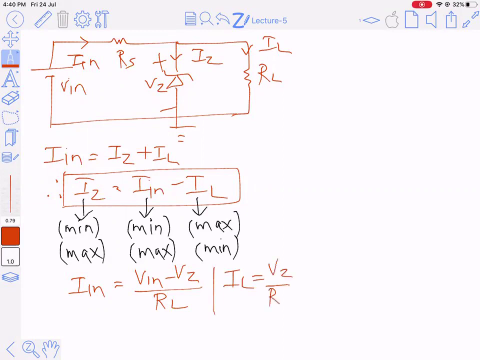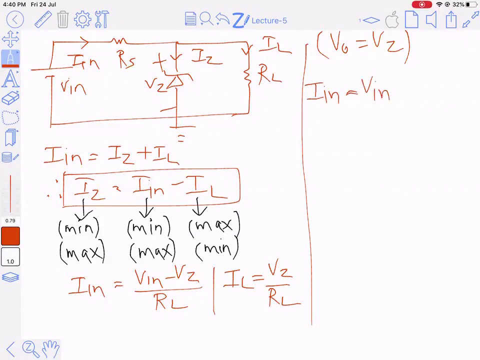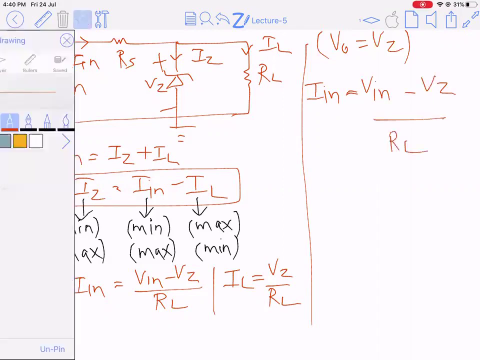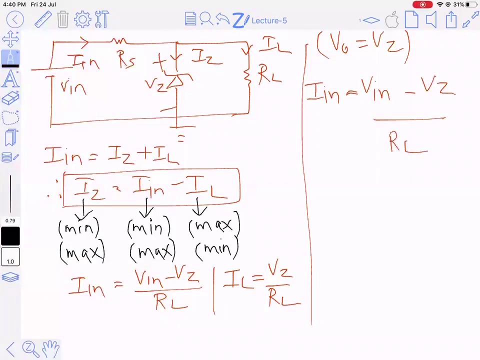V0 and Vz are the same, V0 is equal to Vz. So when In is minimum, my Vin is minimum.